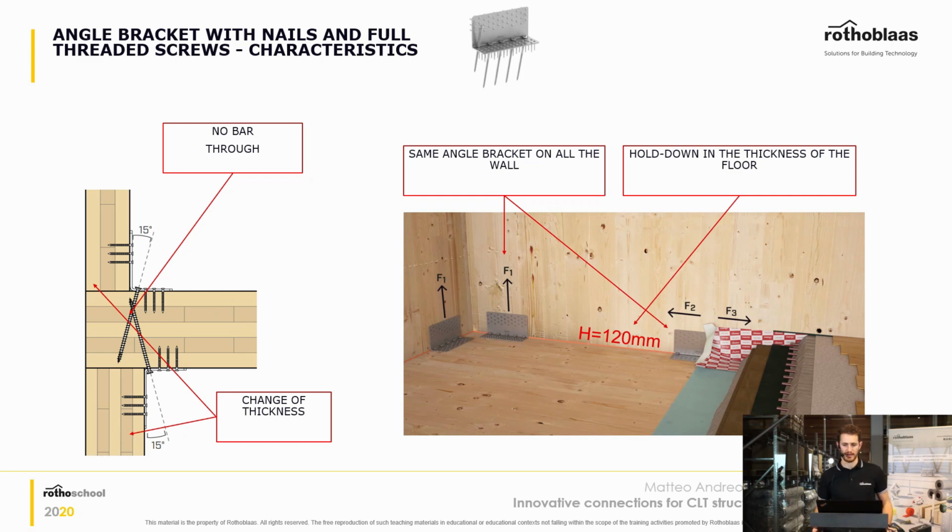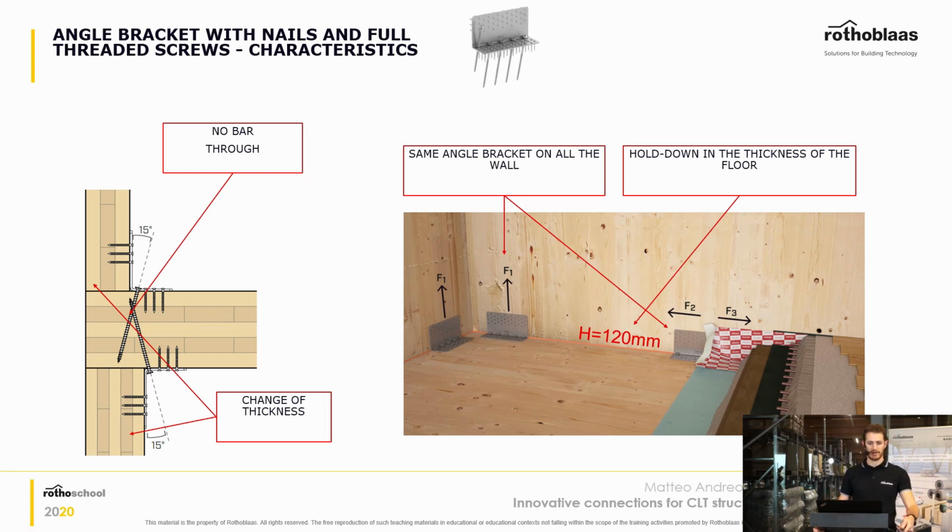And why is that an improvement? Because as you can see in the image, you may have a different thickness of the CLT panel on the upper floor, which is very common since, as you go up with your construction, you don't need such a big thickness because the loads are decreasing. That's very helpful in multi-story buildings, for example.